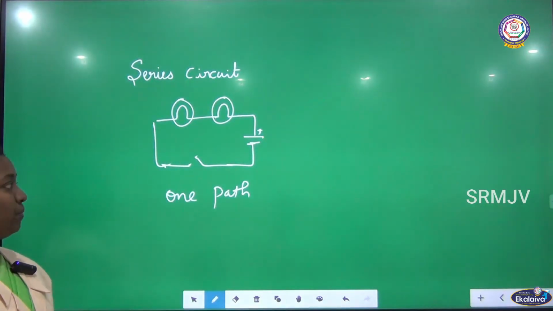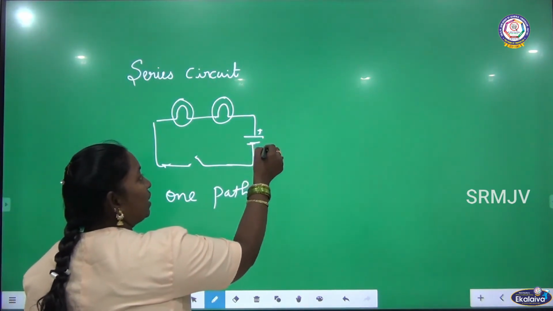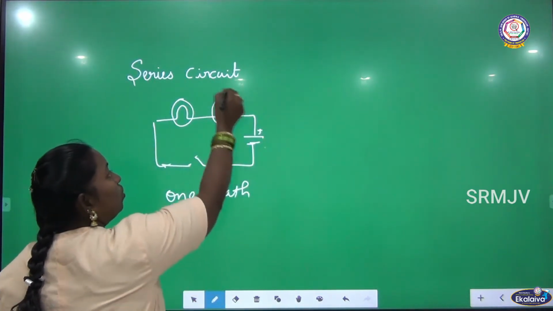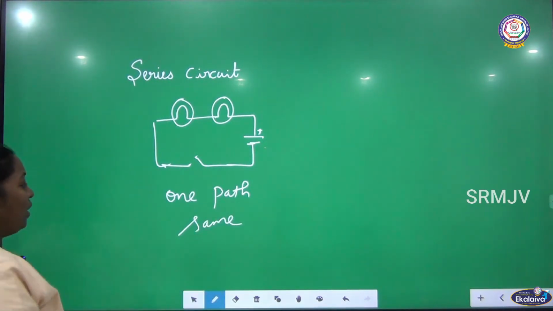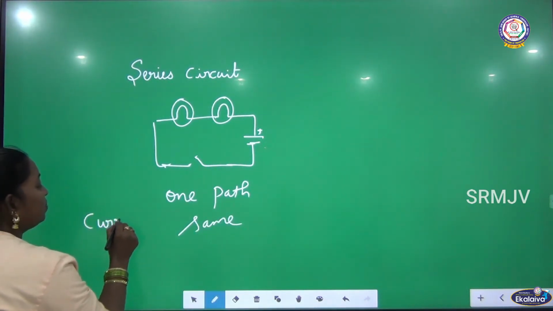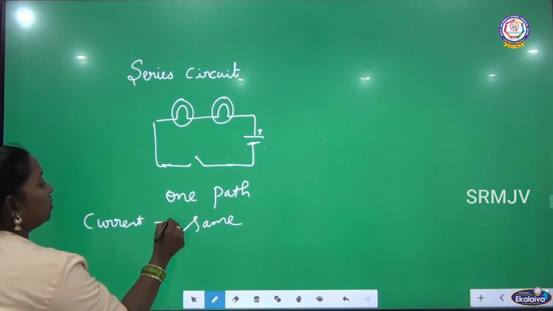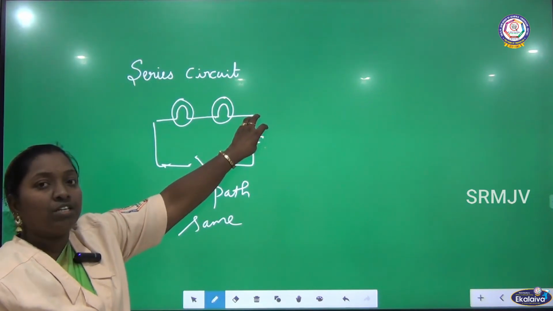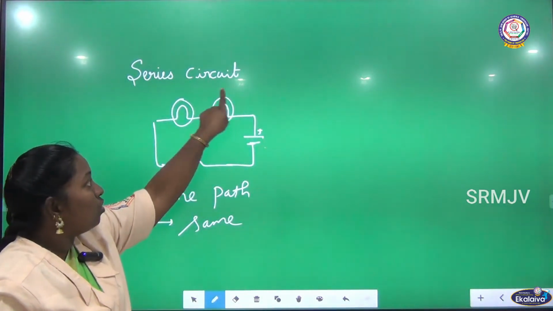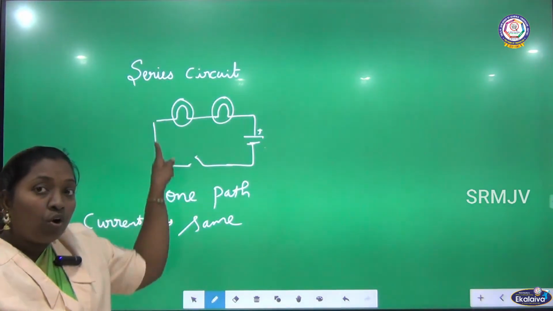If you take the current, the supply of current is always the same throughout the whole circuit. Whatever amperes of current is produced by the source, it is common and is the same in the whole circuit.